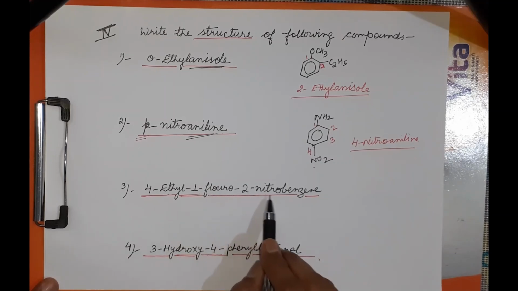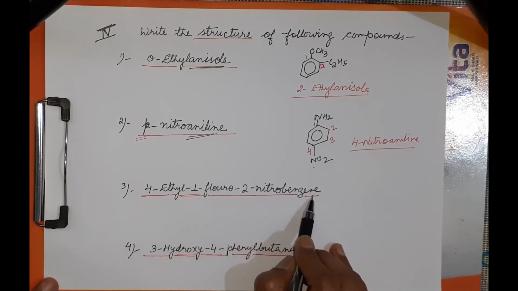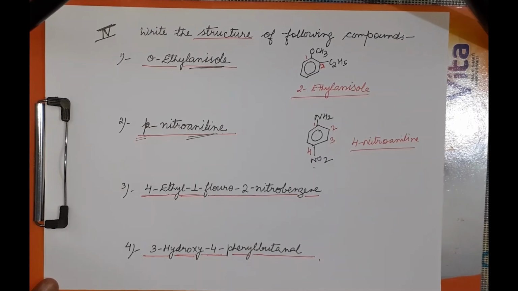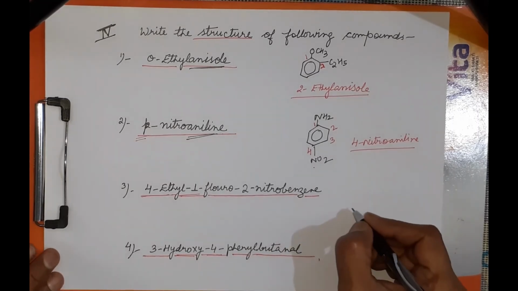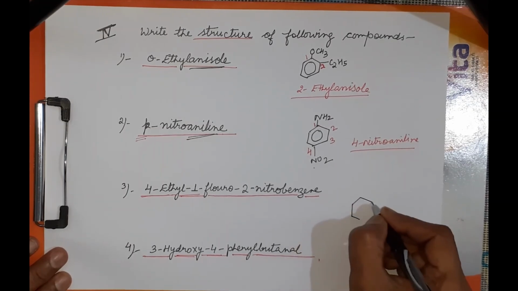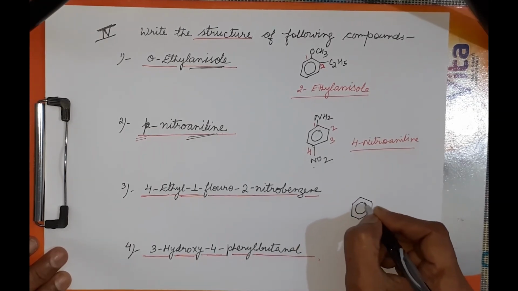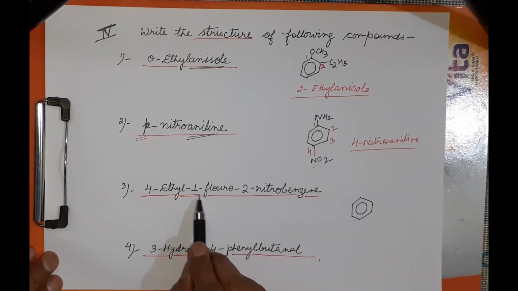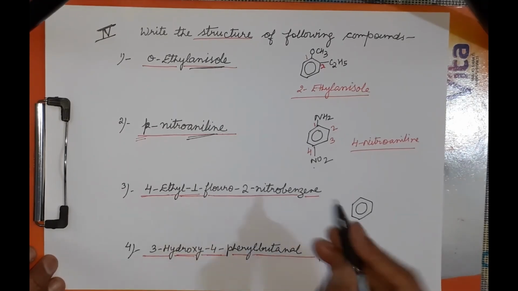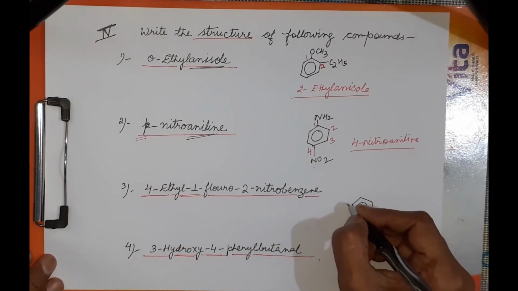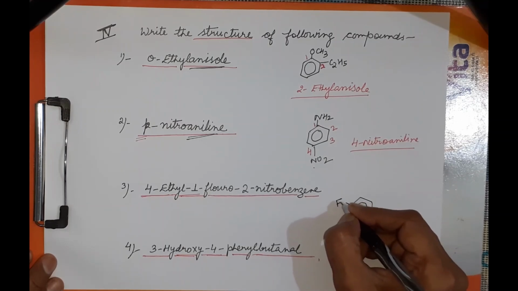Now the next example: the name is written 4-ethyl 1-fluoro 2-nitrobenzene. Okay, this is a bit complicated. So first let us draw the benzene ring here. It is saying that at the number 1 carbon, the fluoro group is present. Suppose this is number 1, fluoro.